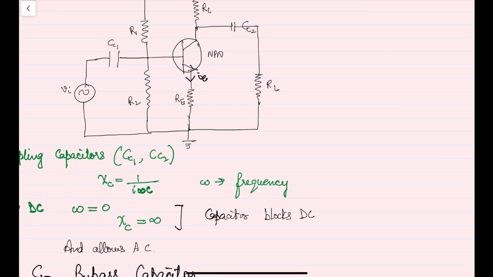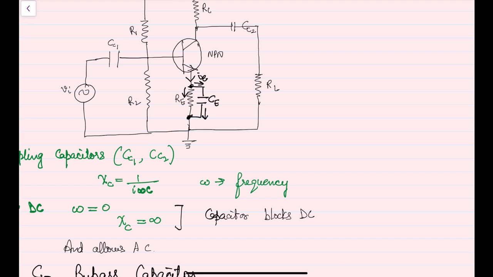If we join a capacitor here and name it CE, the emitter current will have an alternative path to go through this side, like this. Instead of following the path through the resistance, it will follow the path through the capacitor, but for this the condition is that the capacitive reactance should be less than 1 by 10th of the emitter resistance.